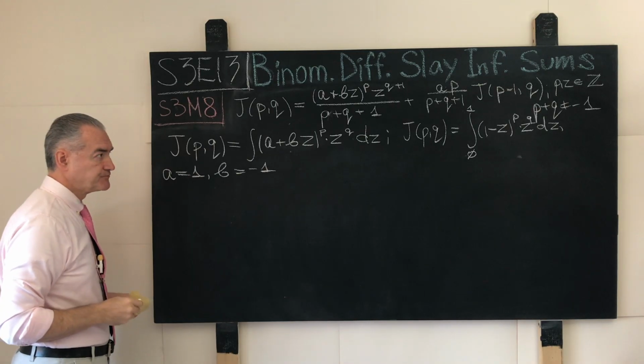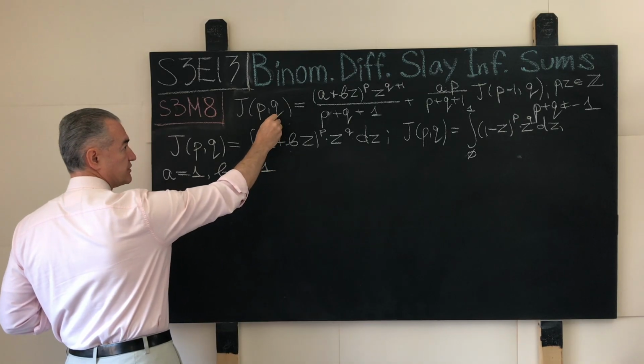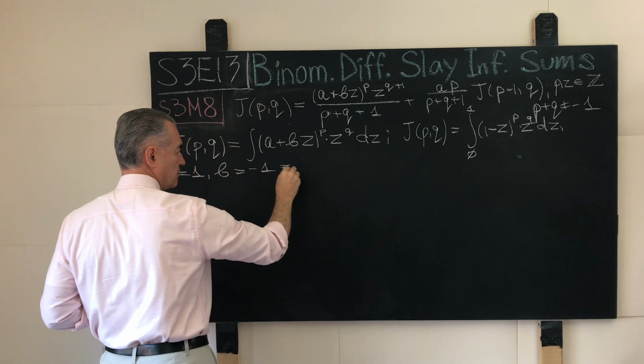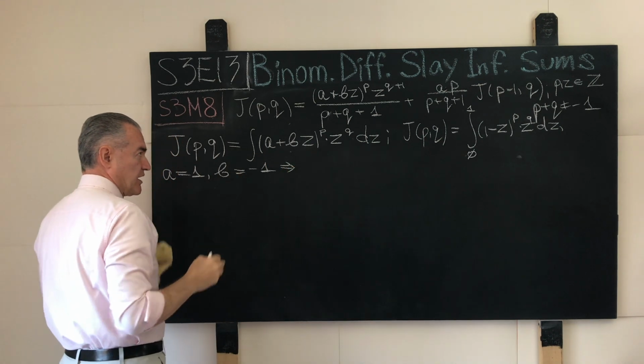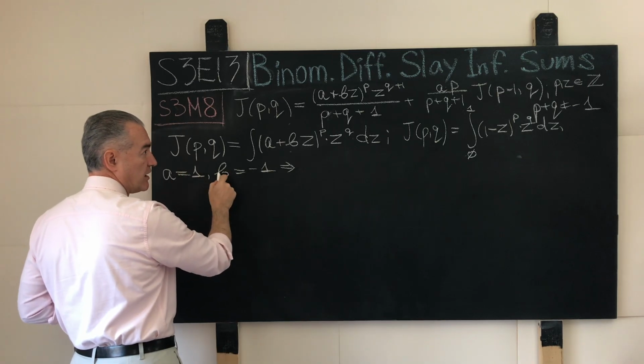So far, so good. So now we take our formula. Remember, this is formula number 3. And how do we cash it in for these particular values of the real numbers a and b?